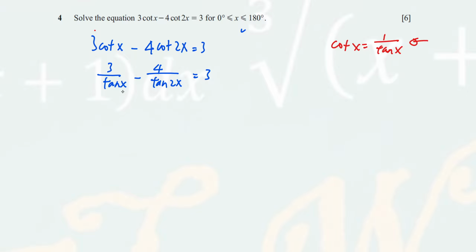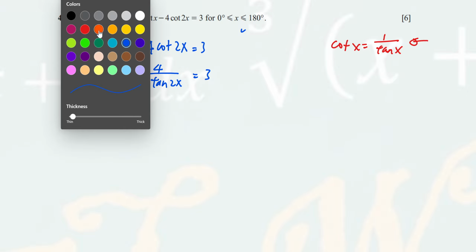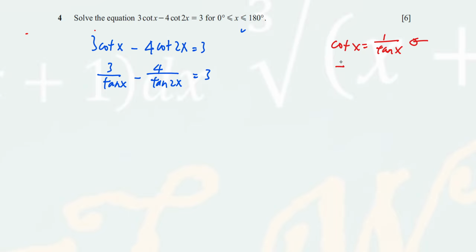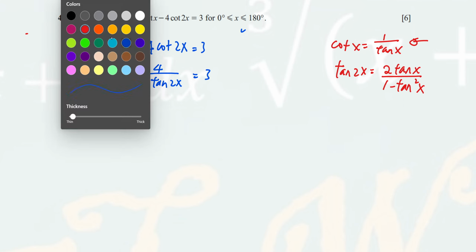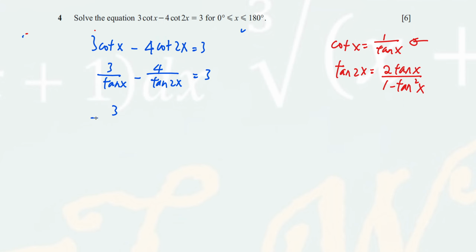Okay, and now since you have tangent x and tangent 2x, I will change my tangent 2x. So we have a formula here. Tangent 2x is basically 2 tangent x over 1 minus tangent square x. That is the double angle formula. So it becomes 3 over tangent x minus 4 divided by 2 tangent x over 1 minus tangent square x.